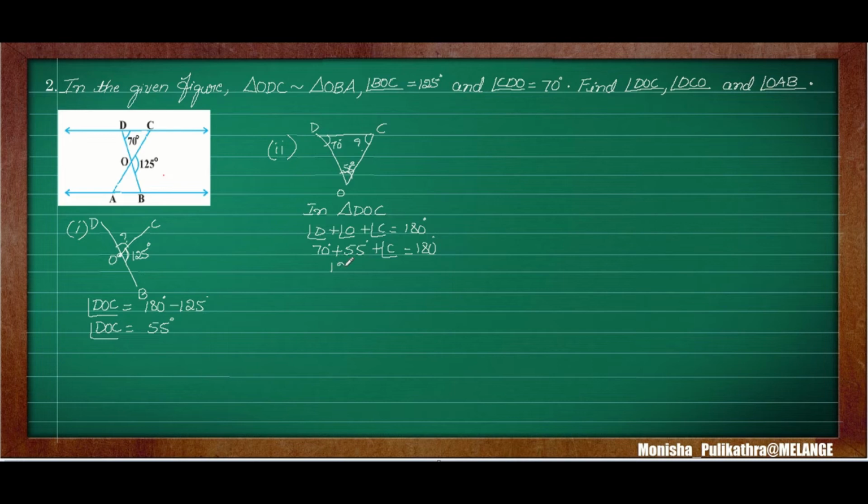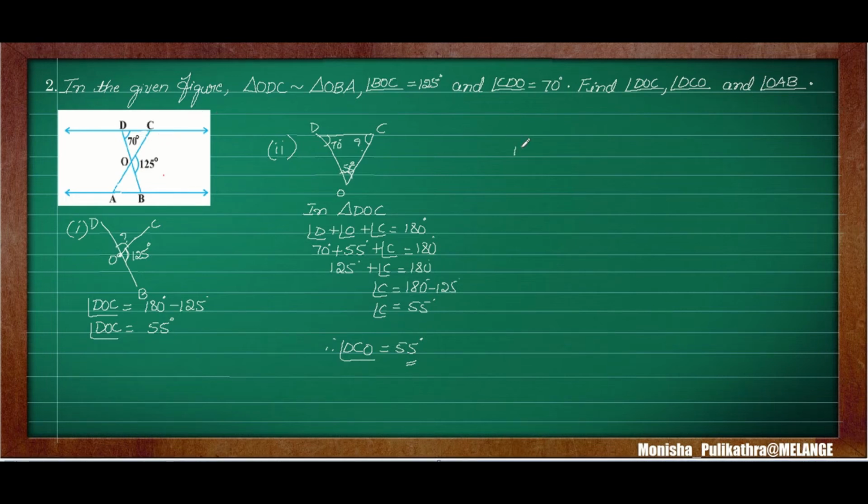So 70 plus 55 is 125, plus angle C is equal to 180. The angle C is equal to 180 minus 125, so that will be 55 degree. Therefore, angle DCO is also equal to 55 degree. So we got this one also.